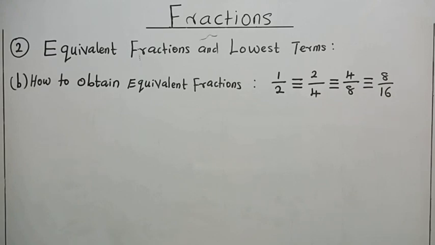Depending on real-life situations, we can target certain equivalent fractions to be created out of existing one. Let us assume that 1/2 is given to us, and we are told to obtain other equivalent fractions from it. Like I said earlier, we have infinite number of ways of getting that.